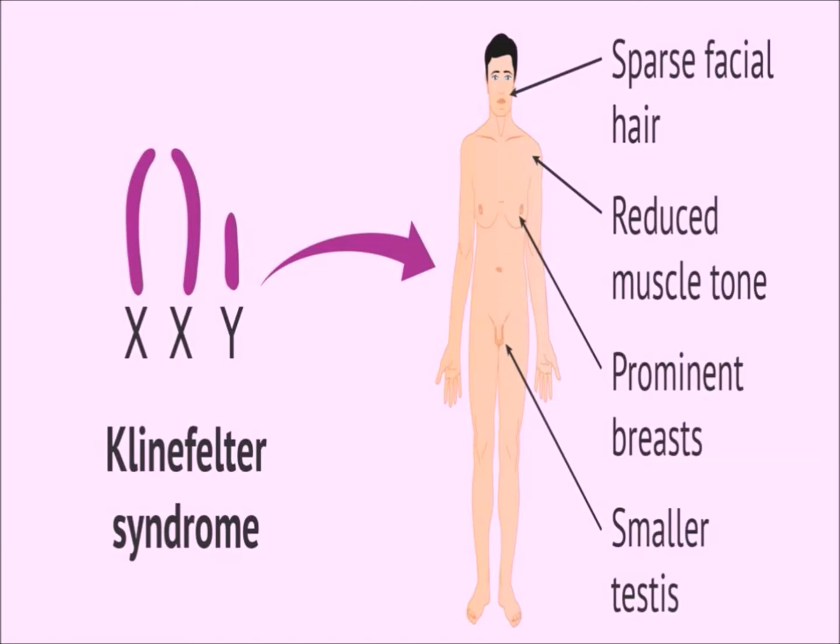It shows the characteristic features of Klinefelter like sparse facial hair, reduced muscle tone, prominent breasts, smaller testicles, and the chromosome is XXY. The sex chromosomes are 3 in number. That means one X chromosome is more in males.